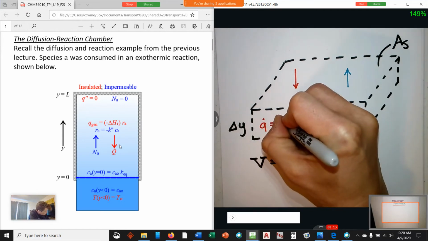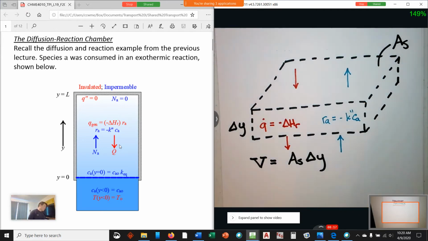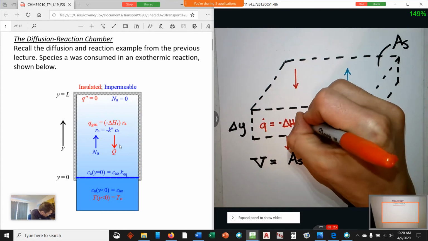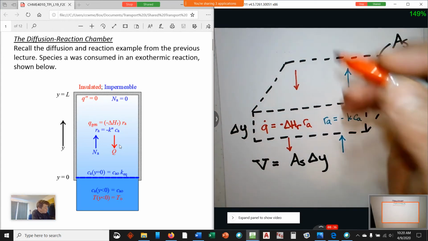So here we need to know the heat of reaction, so it takes a certain amount of heat, so the heat generated is opposite the heat of reaction, times that reaction rate, and you can see the reaction rate is written right next to us here, and it's K double prime CA.